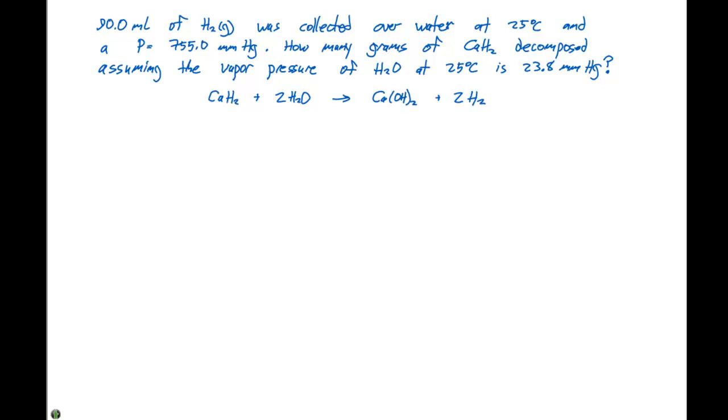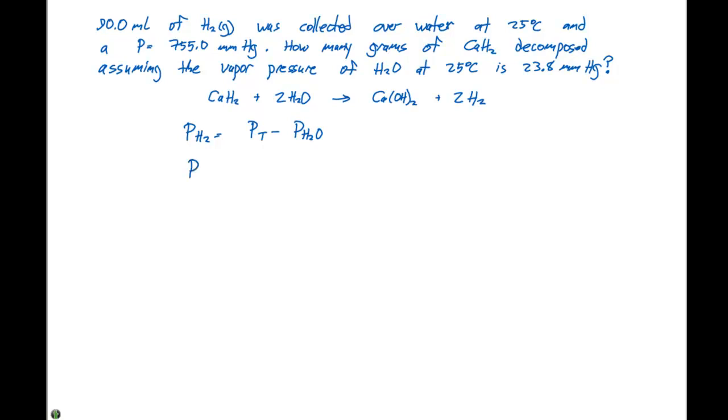We first have to use some of the concepts from our previous video to calculate the partial pressure of hydrogen. The partial pressure of H2 is going to equal the total pressure minus the partial pressure of the water.